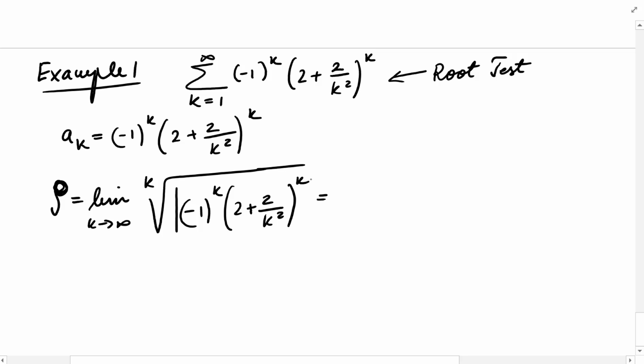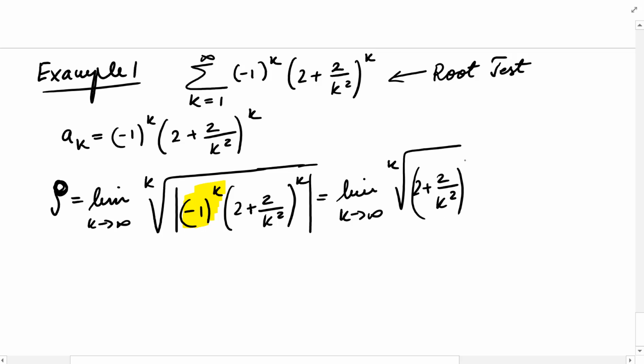The limit as k approaches infinity, this term here is going to be 1. Now the k-th root of (2 plus 2 over k squared) to the k. This quantity is positive, so I don't need the absolute value sign anymore. The root and the power cancel, and we end up with the limit as k approaches infinity of 2 plus 2 over k squared.